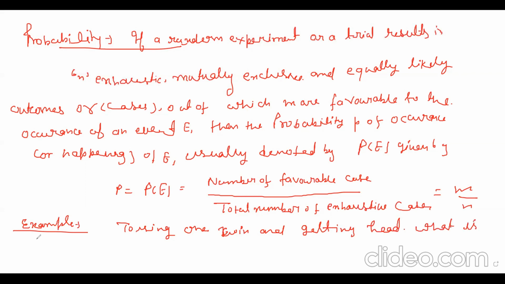What is the probability of getting head? The probability will be 1 by 2. Favorable cases is 1, total number of cases is 2. So it is 1 by 2. And probability is always between 0 and 1.